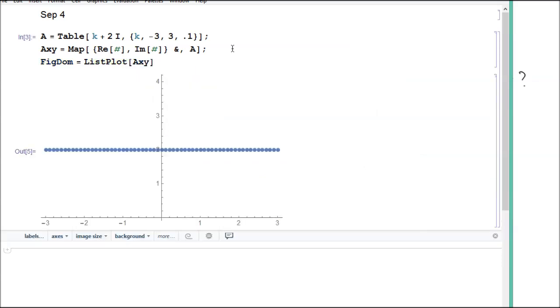And if you want to plot it later together, you can use this fig domain command to do that. So this is a domain plane, right? This is a domain, and as you hit this one with the exponential function, where do they go? That's our question, right?